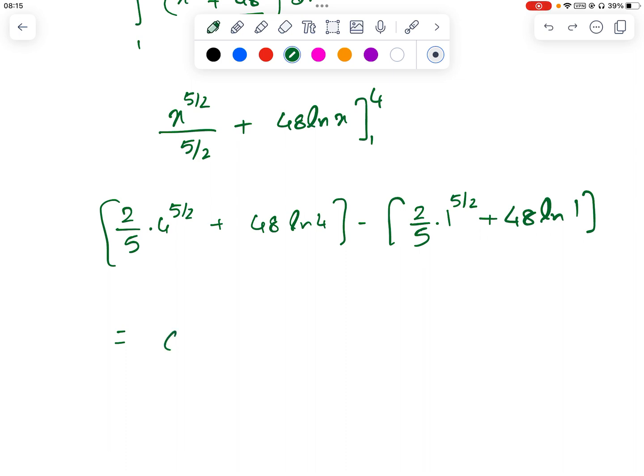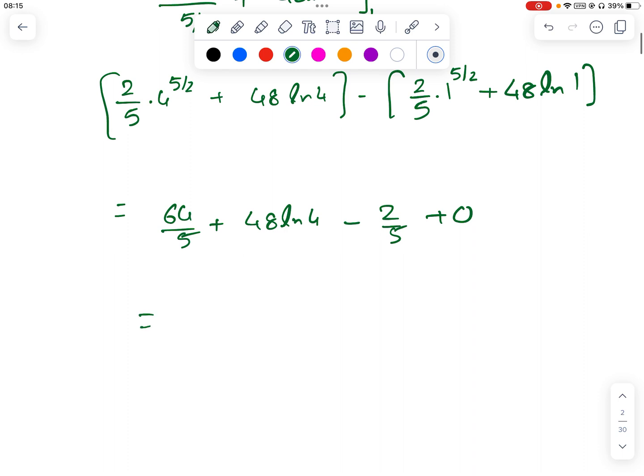When I simplify that, 64 upon 5 plus 48 ln 4 minus 2 upon 5, ln 1 is 0. So what does that become? 62 upon 5 plus 48 ln 4. That's going to be the answer.